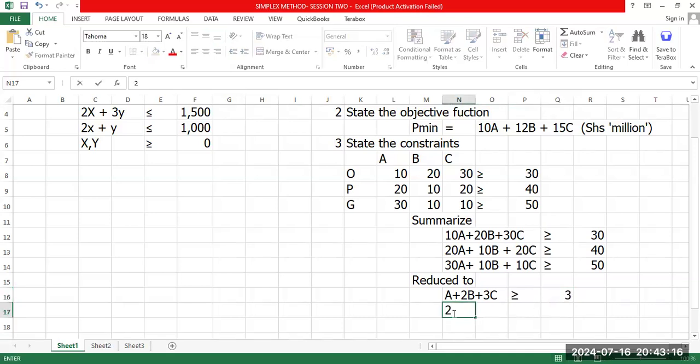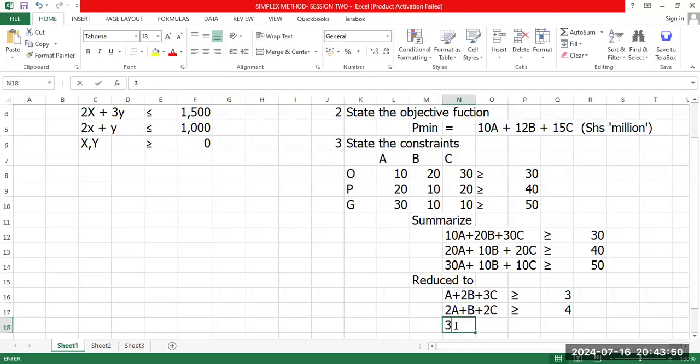Then the second one is 2A, not 2B, plus B plus 2C.